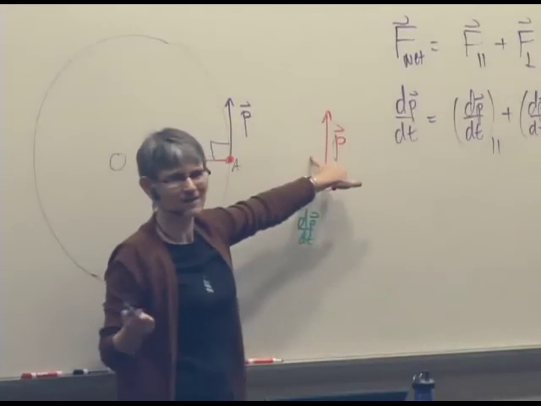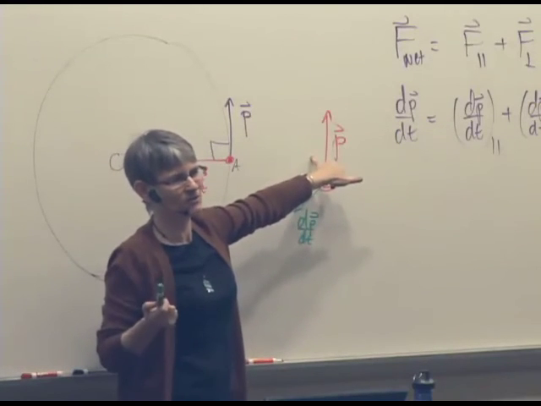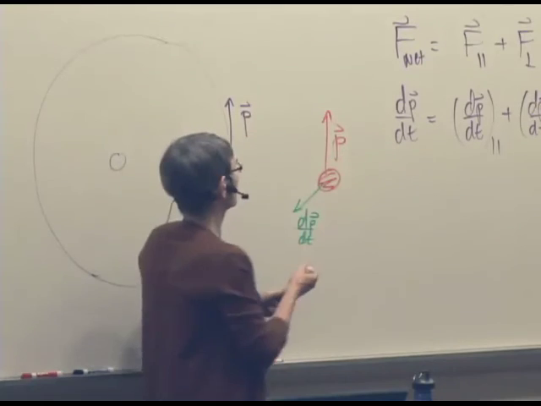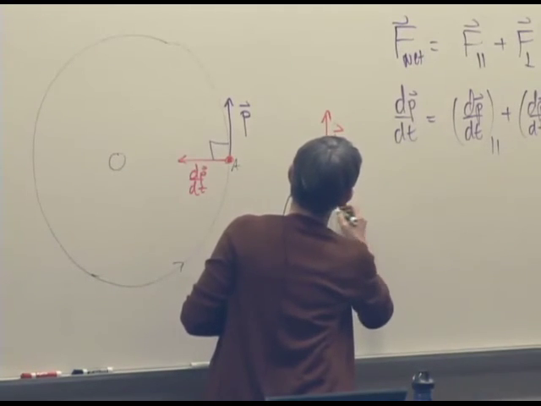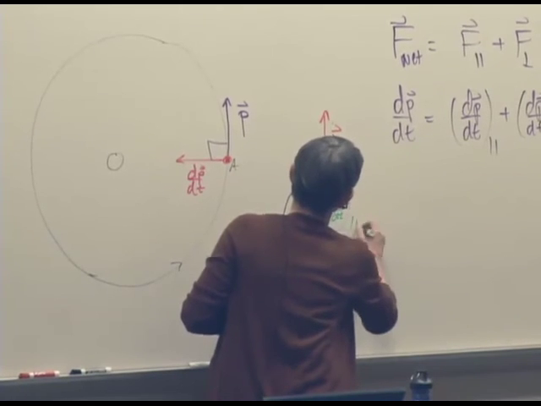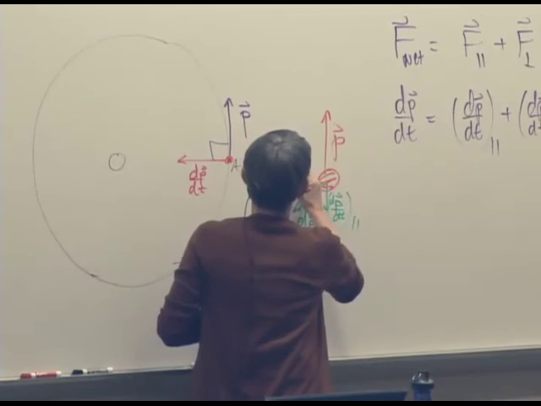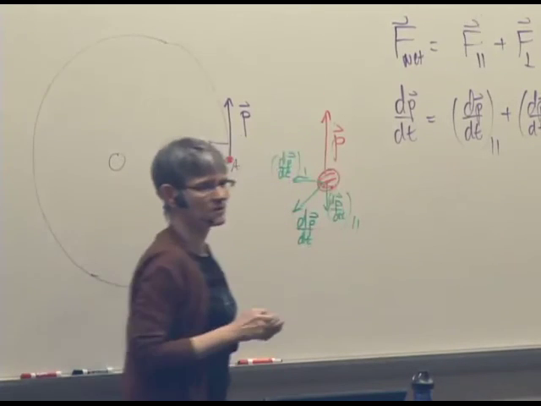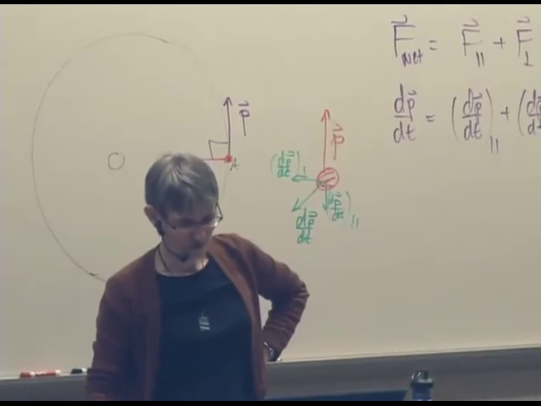This is the only thing. We don't have anything else it could be parallel or perpendicular to. So we're talking about a component parallel to the momentum and a component perpendicular to the momentum. Right?